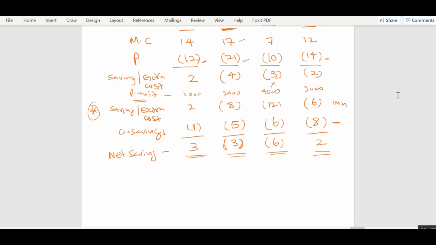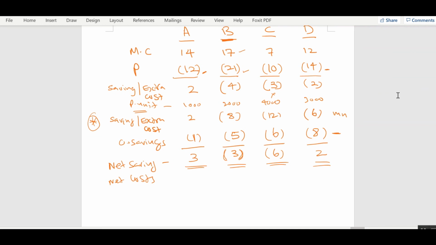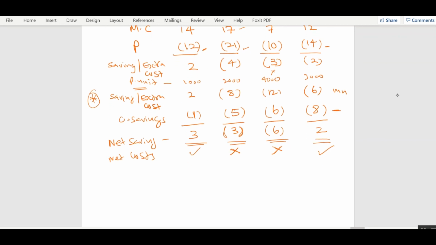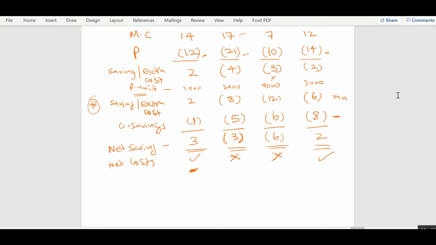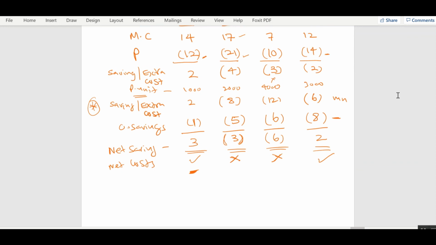This will be the net saving or net extra cost. Product A and product D have a saving, of 3 million and 2 million. However, for product B and product C, there will be an extra cost to be incurred if you decide to purchase from outside. So the company would save 3 million by subcontracting component A, where the purchase cost will be less than the marginal cost per unit to produce internally.